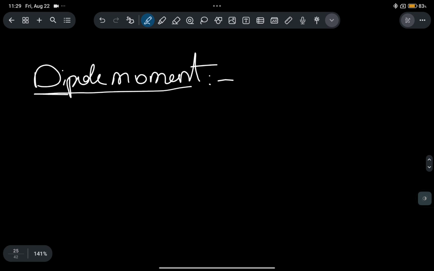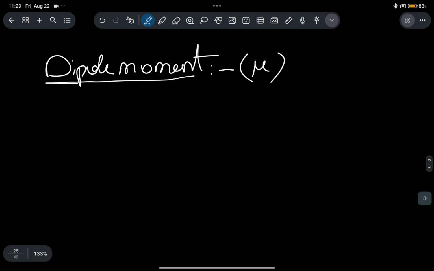So dipole moment is represented by mu. What is the dipole moment? There is a polar molecule. Polar molecule means different atoms, not homoatomic, which means same atoms; those are non-polar.